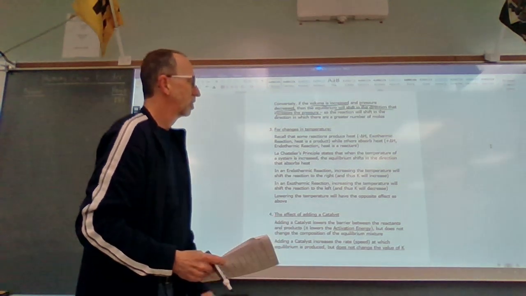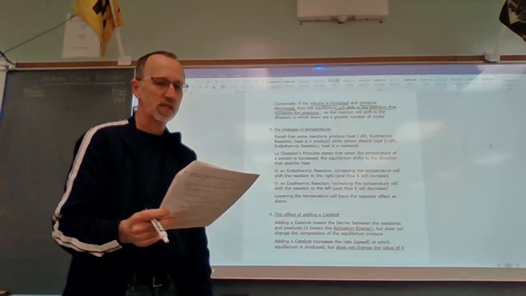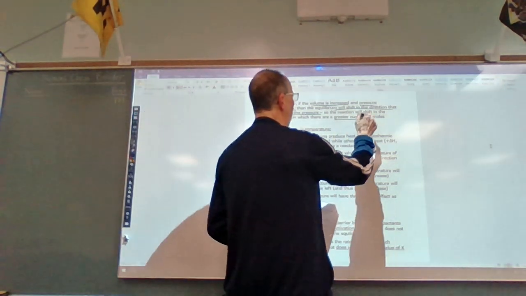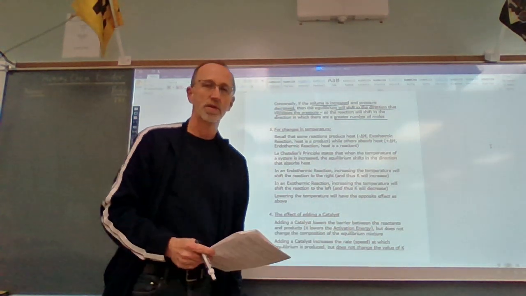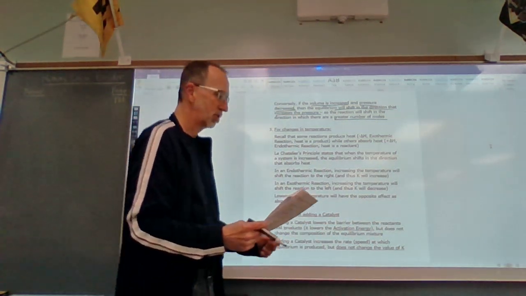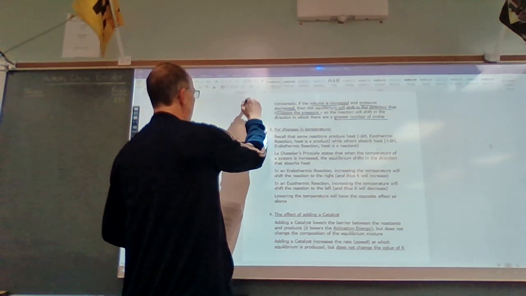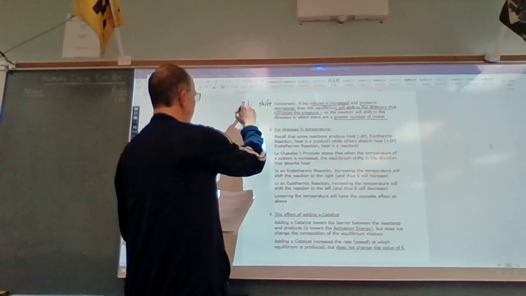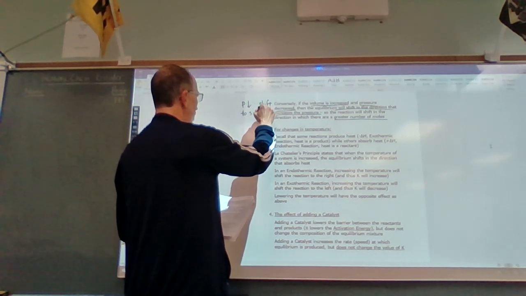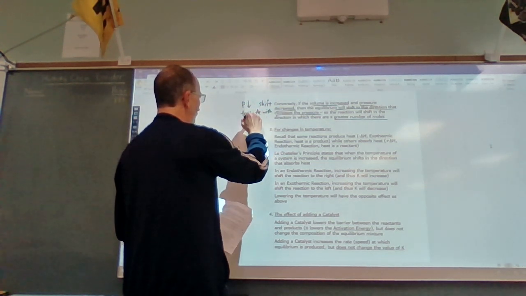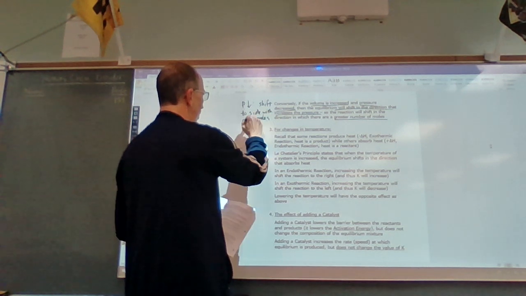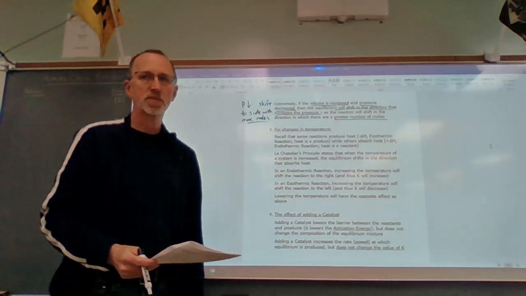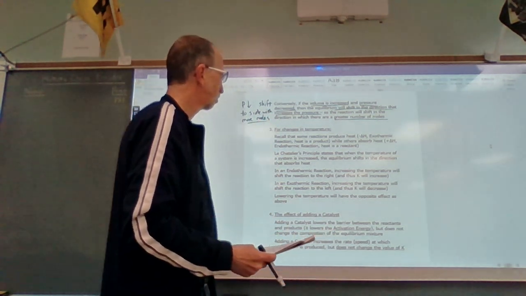So the reaction will shift in the direction in which there is now the greater number of moles. Again, Avogadro's law, more moles, more pressure. So if the pressure goes down, then equilibrium is going to shift to the side with more moles, because that will increase the pressure.